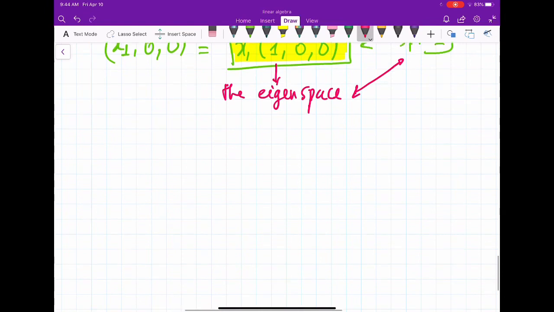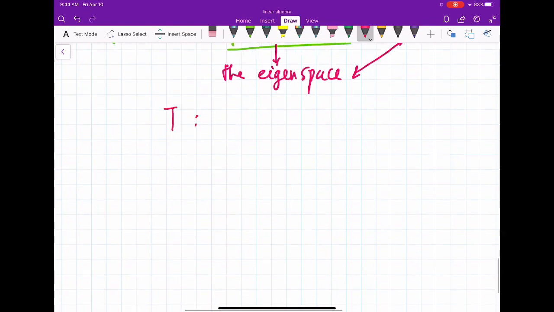Okay, so if you have some linear transformation from V to V, the matrix A_T should be square, right?